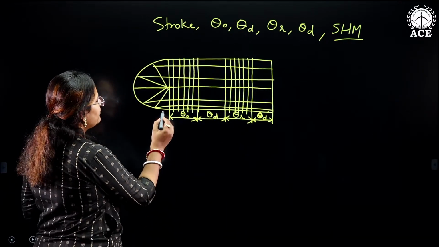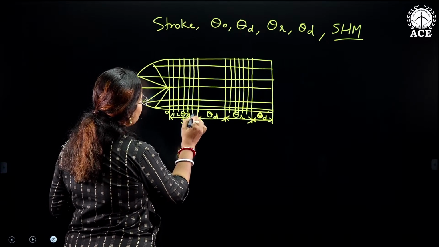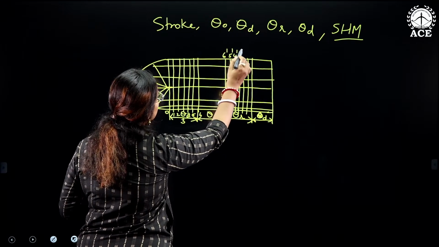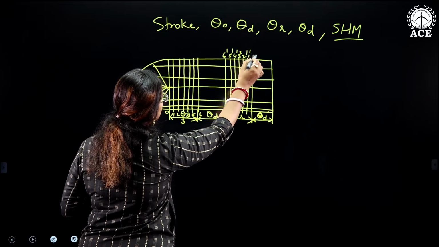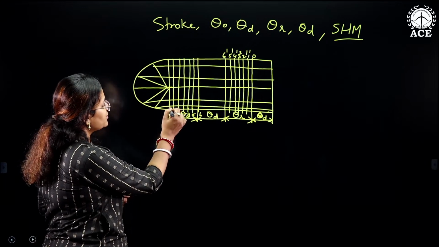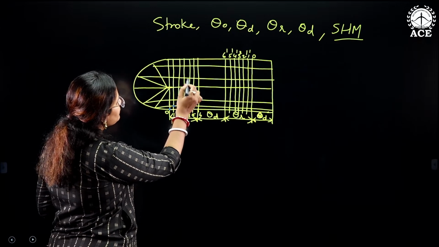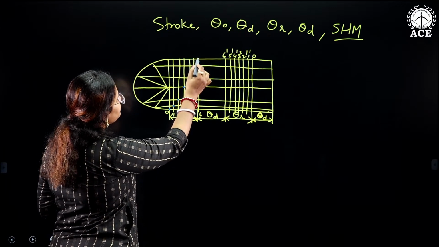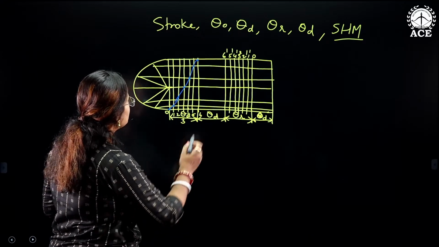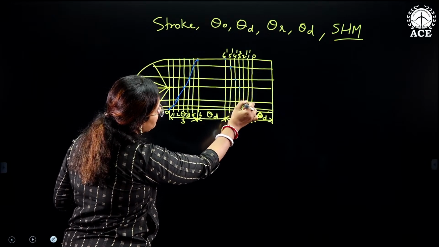And we have seen how to name them. Let us say 0, 1, 2, 3, 4, 5 and 6. This is 6 dash, 5 dash, 4 dash, 3 dash, 2 dash, 1 dash and 0. While tracing the points, we know it is the intersection points over here, like this, and here also it follows the same.